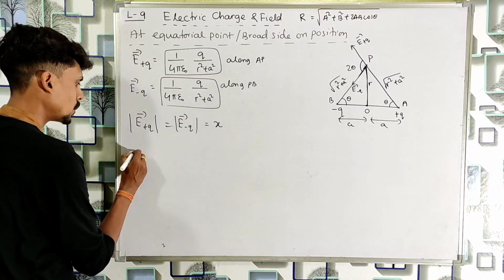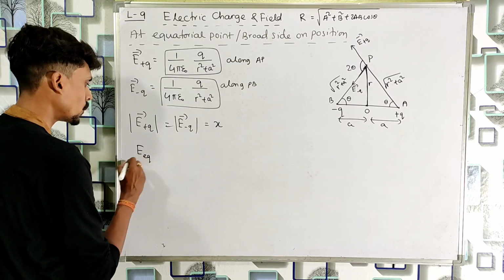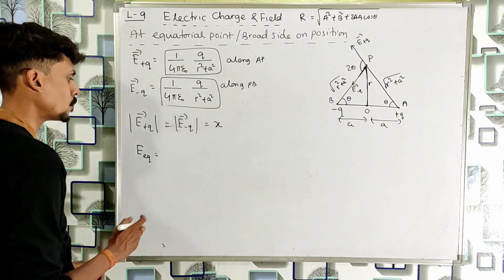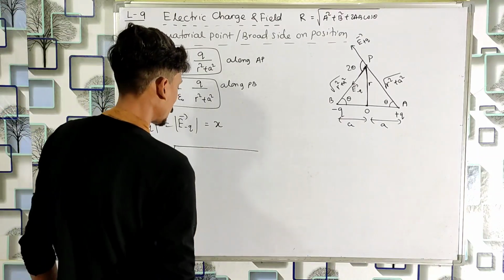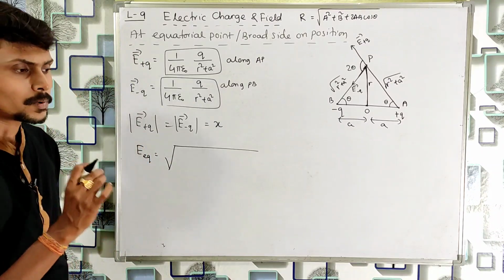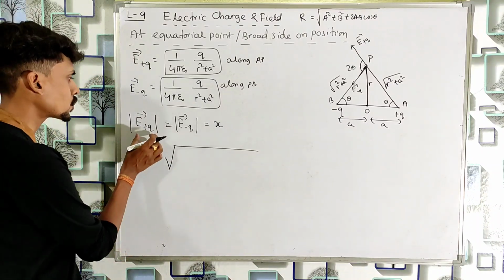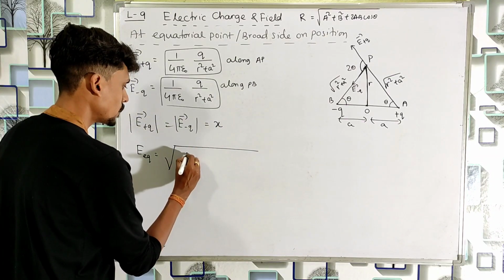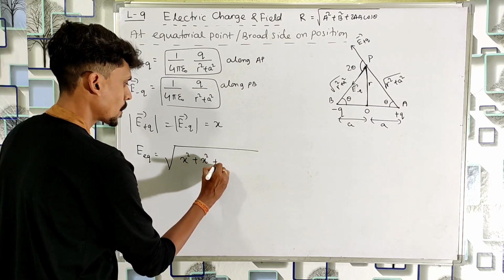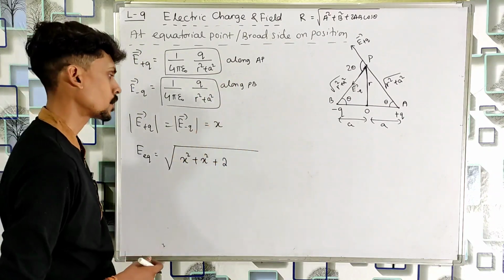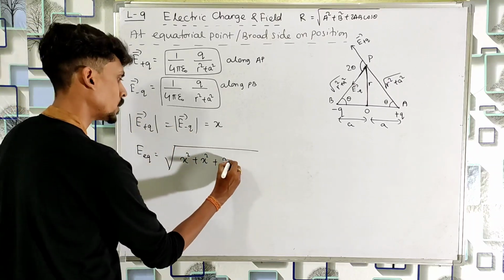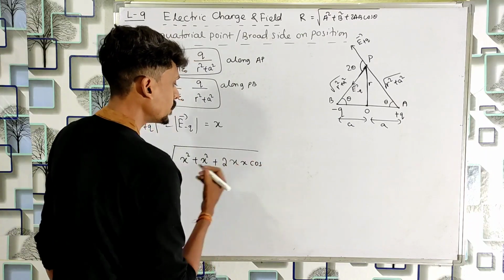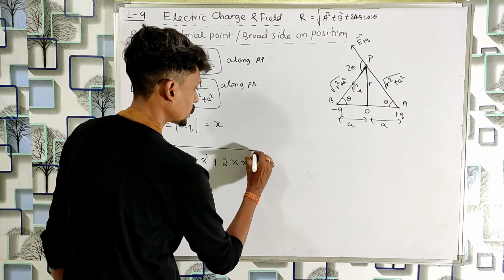So the resultant electric field, E equatorial, the magnitude of the resultant electric field E equatorial will be how much? Square root of E plus Q square plus E minus Q square, but E plus Q and E minus Q both are the same value, that is x. So I can write x square plus x square plus 2AB, means E plus Q, E minus Q, both are x, x into cos of the angle between the two vectors, which is 2 theta here.